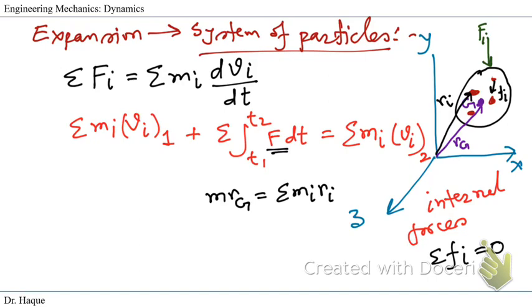We can get the center of mass from this equation, which tells you that the summation of the mass of all the particles multiplied by their position vectors from the coordinate system origin is equal to the total mass, where m is the summation of the mass of each particle, multiplied by the position vector r_G of the center of mass.